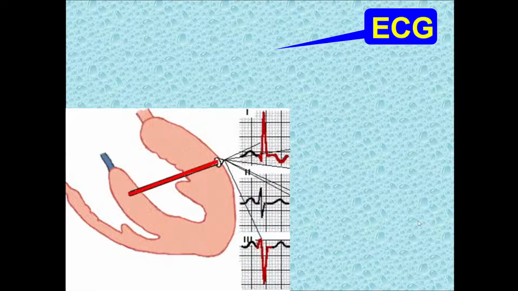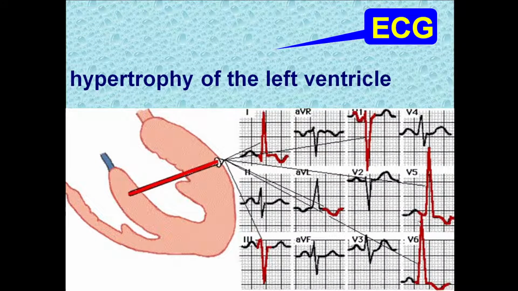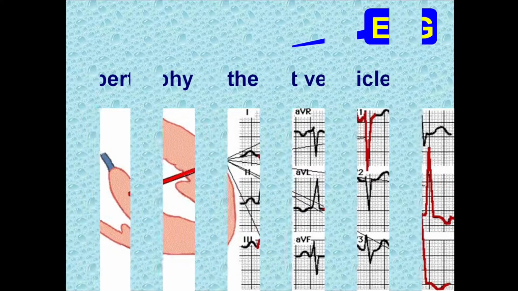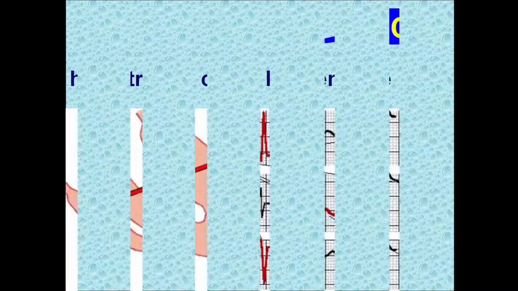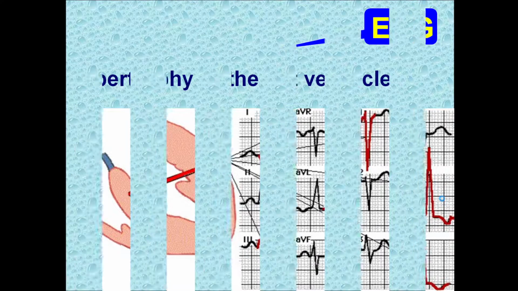On ECG, we will reveal signs of hypertrophied left ventricle, the same as for aortic stenosis. The electrical axis deviates to the left because of a deep S wave in lead III and a high R wave in lead IV, and high R wave in V5, V6, which indicates overloading of the left ventricle.